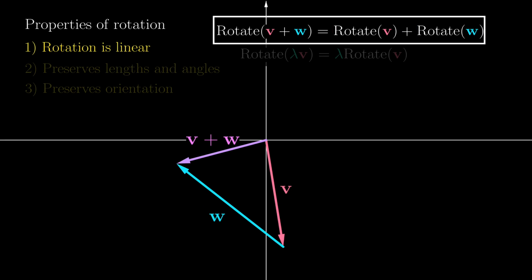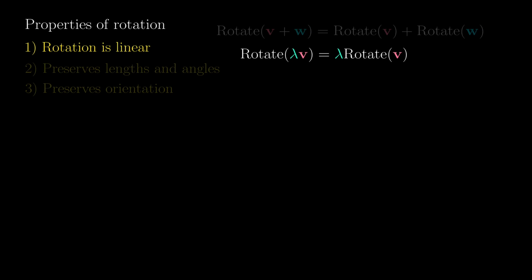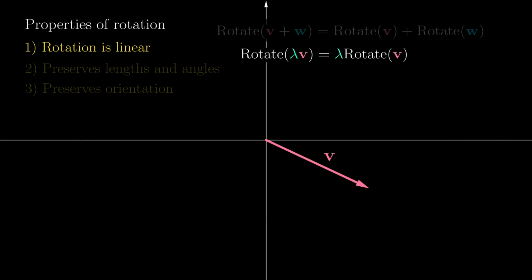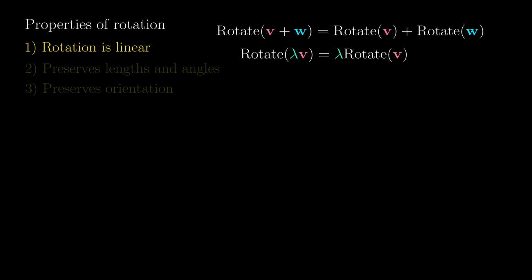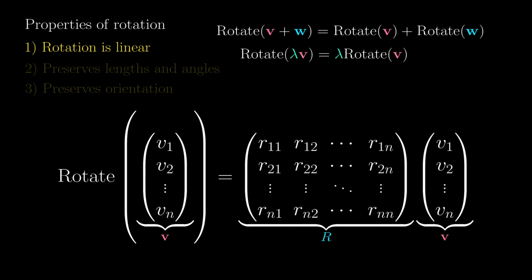The second part is concerned with scaling. Essentially, it means that if we first scale the vector by lambda and then rotate it, it is the same as if you first rotate and then scale it by lambda. This means that because of the linearity property, the rotation is a linear transformation and hence can be written as a matrix.